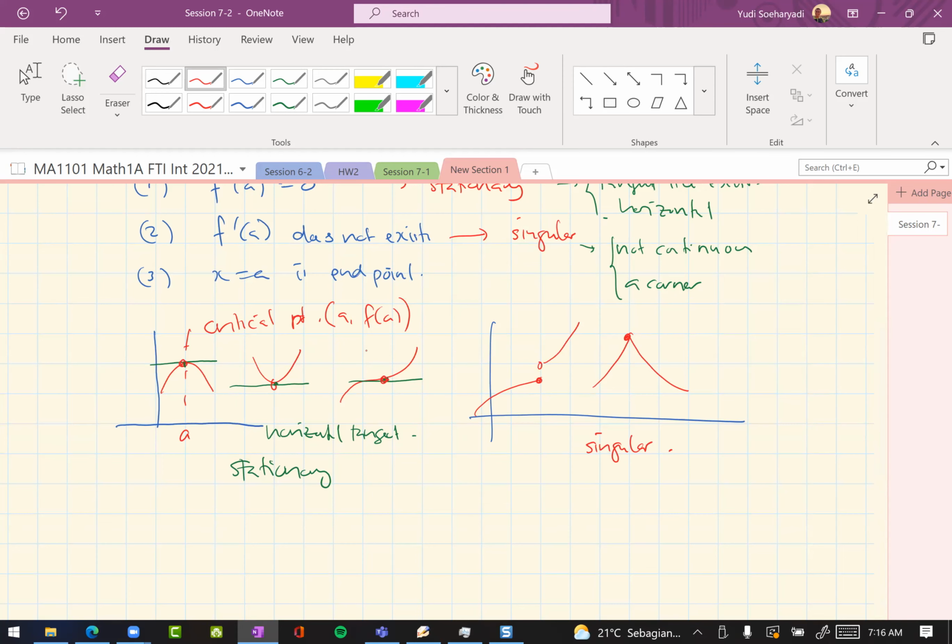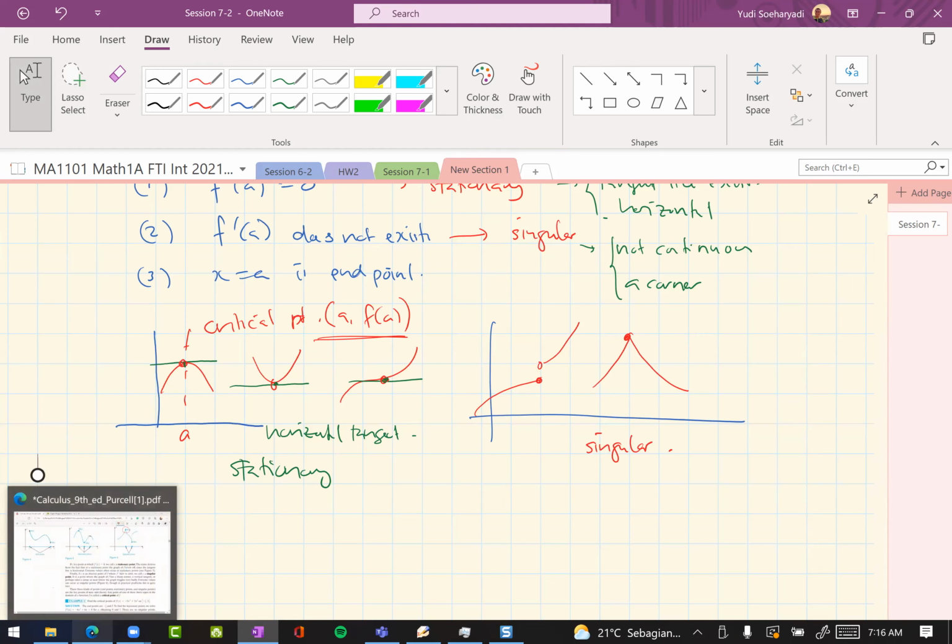And it is obtained at x equals a, right? So x equals a is not the critical point, but the critical point must be up here, right?